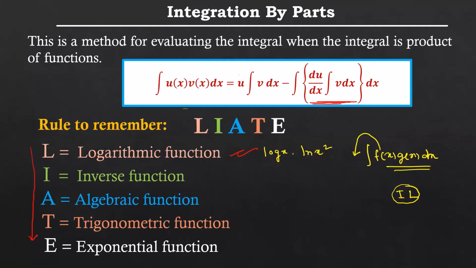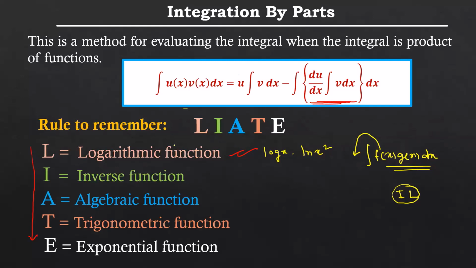Is it clear? Yes, sir. If you take ILATE, both are correct and give you no problem. Sir, but in class 12, LIATE is given. Actually, I say that some books use LIATE, and somewhere on the internet there is also the ILATE rule. But it will create no problem.